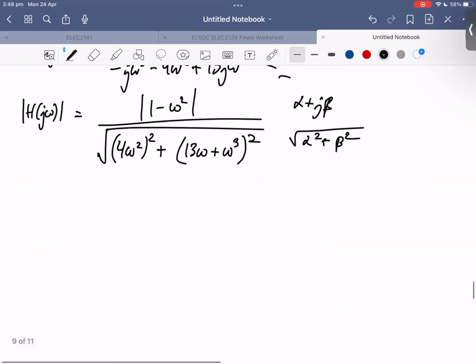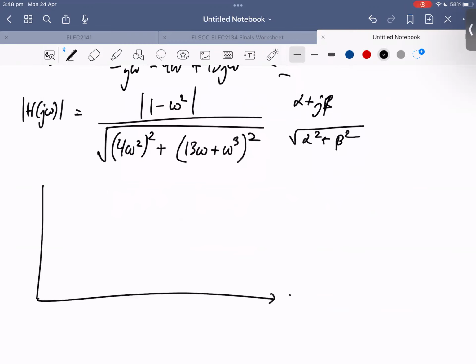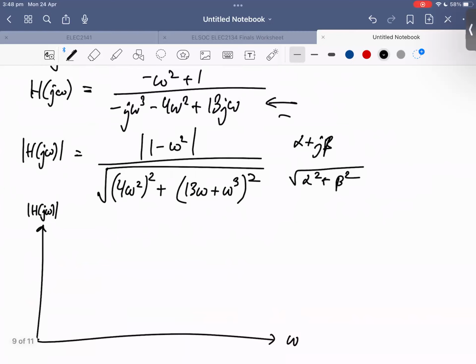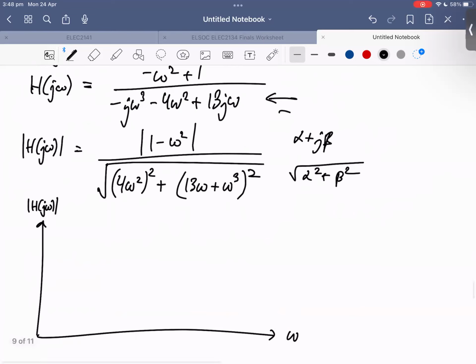So if I start the plot, I have omega on the x-axis and the magnitude on the y-axis. If you sub in omega equals 0, you can immediately see the denominator blows up, because the denominator equals 0, so you just get infinity. So it starts at infinity, and then at omega equals 1 it's going to equal 0. So it looks like this. Infinity here, and then you can pretty much sub in any other value and notate that.